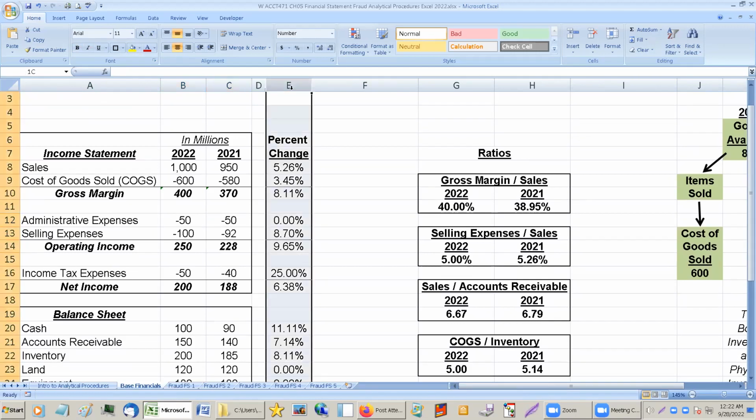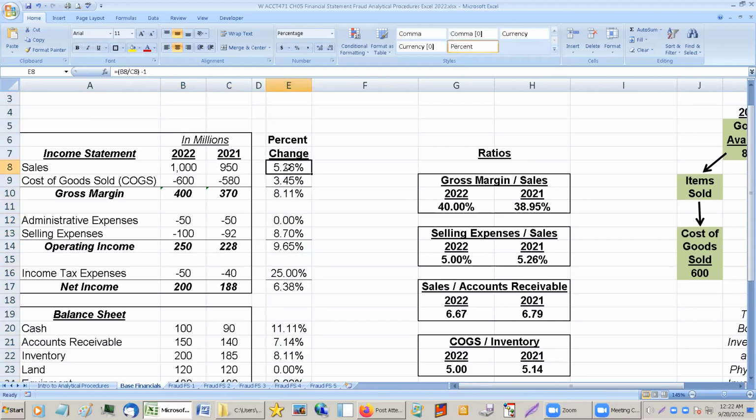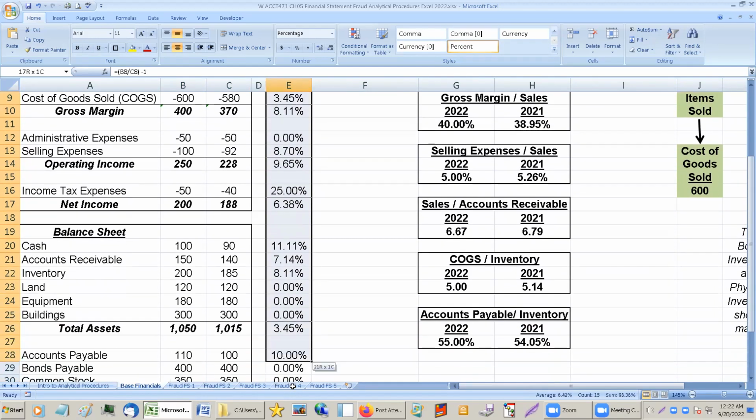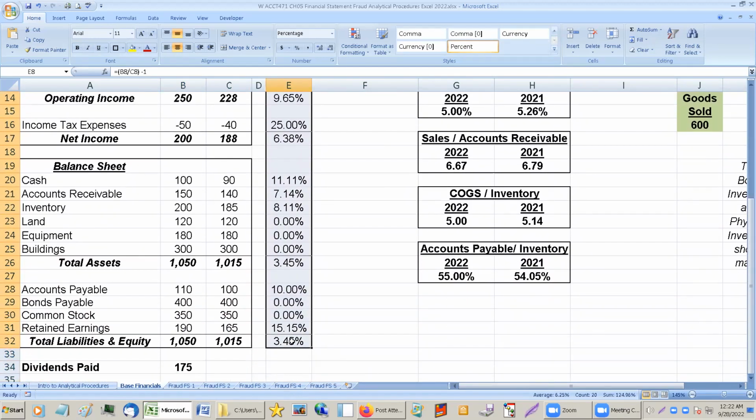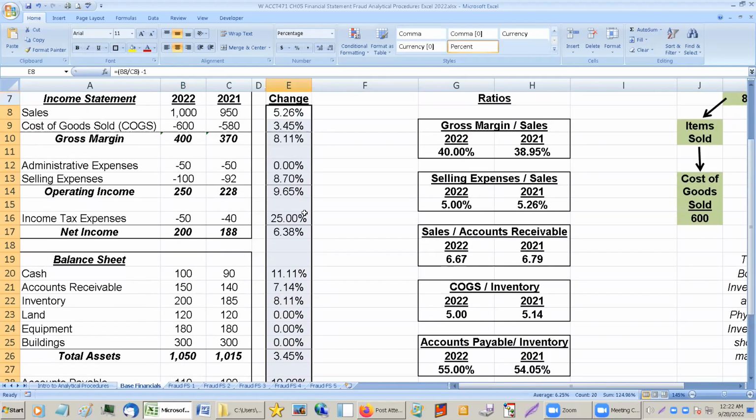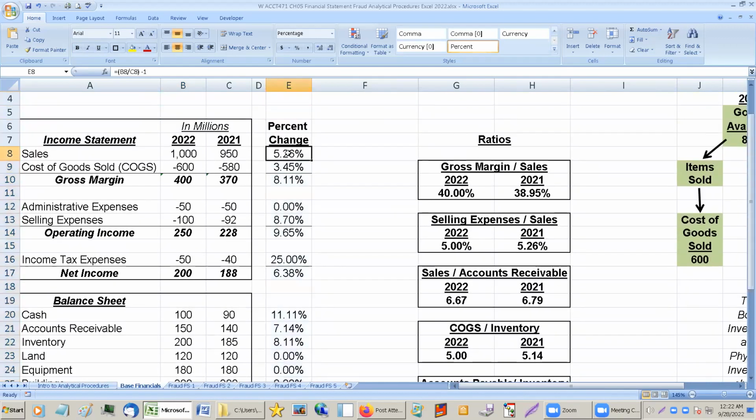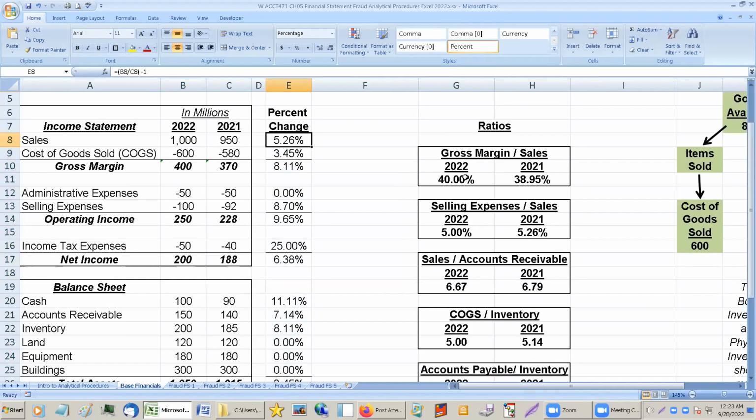Now, as far as the percent changes are concerned, a little bit of a change is not that big of a deal. None of these are too crazy as far as the change is concerned. They'll change a little bit. Ratios are the same way. Gross margin, 40%, 38%.